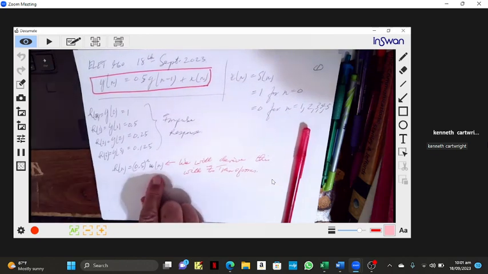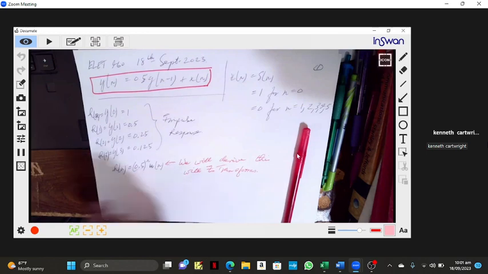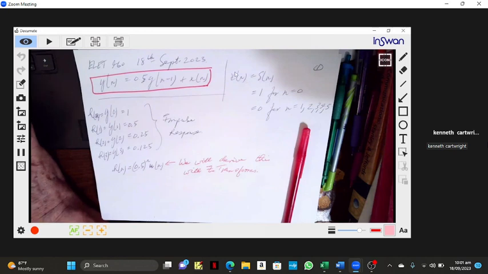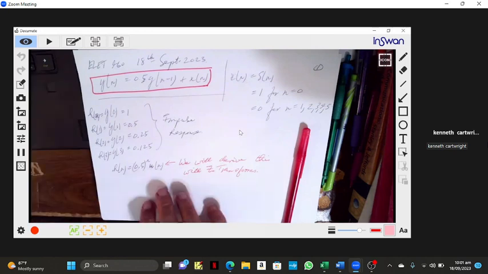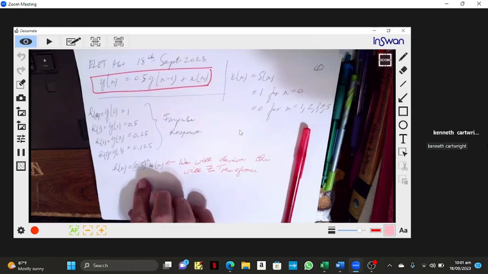So this is a new piece of information. H of n is actually 0.5 to the power of n, u of n. We didn't state that last class, but it should be obvious that it's true.